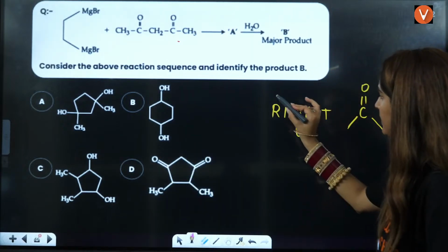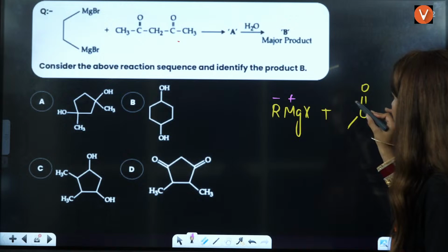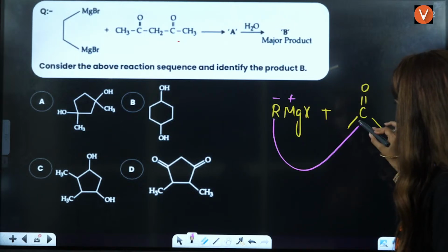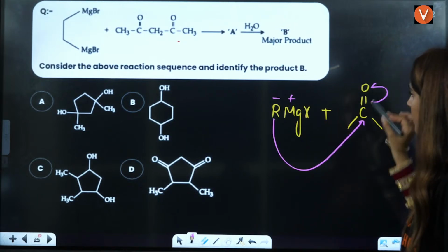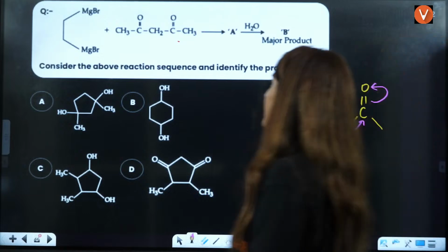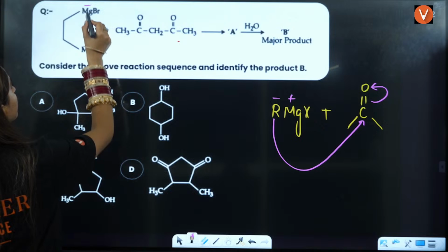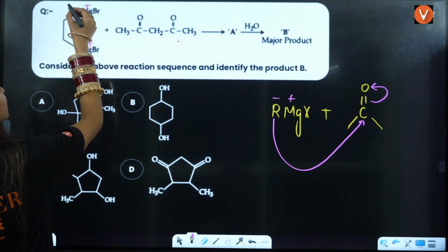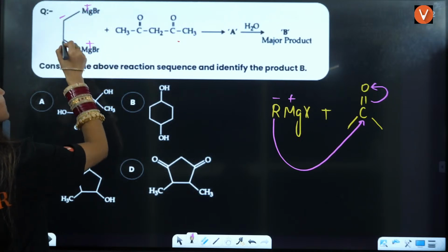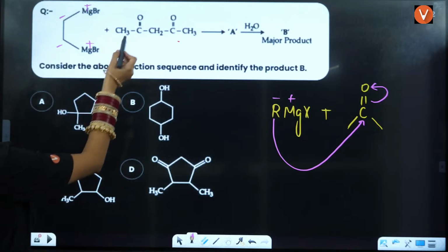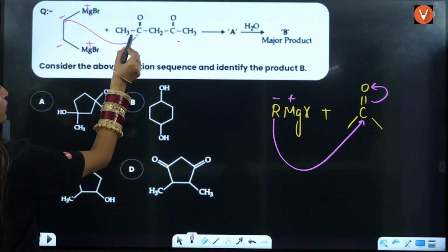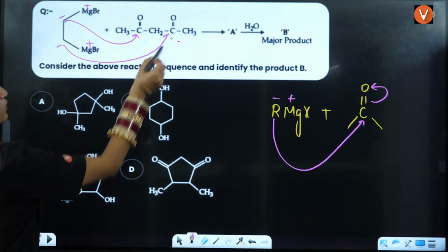Now what will happen? This is negative, this is positive. This will attack here, electrons will jump here, right? Same thing will happen here. Firstly, this is negative, this is positive. This negative is going to attack here, and this negative is going to attack here.